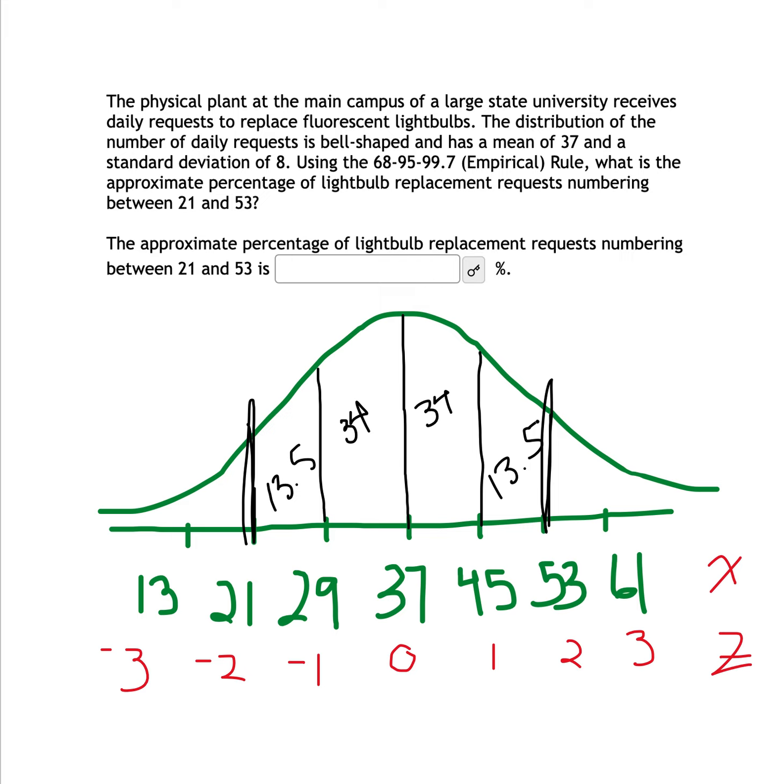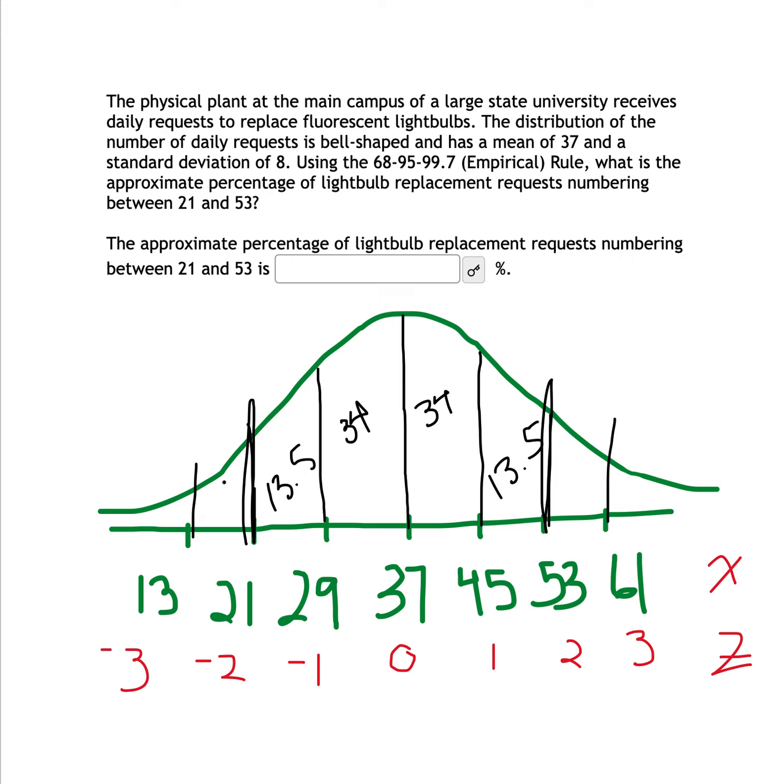If I keep using that logic and I keep coming out, if I go out 3 standard deviations in either direction, I know that that covers 99.7% of the data approximately. So if I take 99.7 and I subtract what we already have in here, which is 95%, what's left is 4.7% of the data.